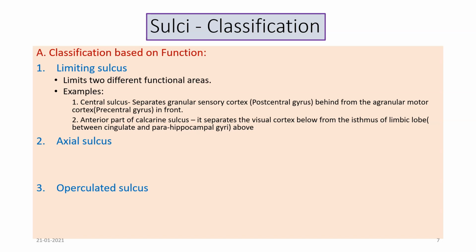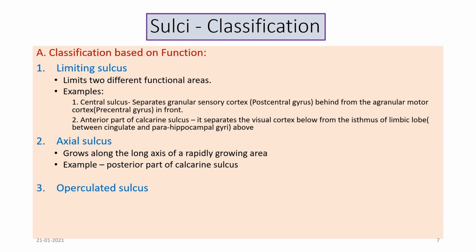Then, what is axial sulcus? This sulcus grows along the long axis of a rapidly growing area. Then, what is the example for the axial sulcus? The posterior part of calcarine sulcus. So the visual cortex grows along this part of the sulcus, that is the posterior part of calcarine sulcus.